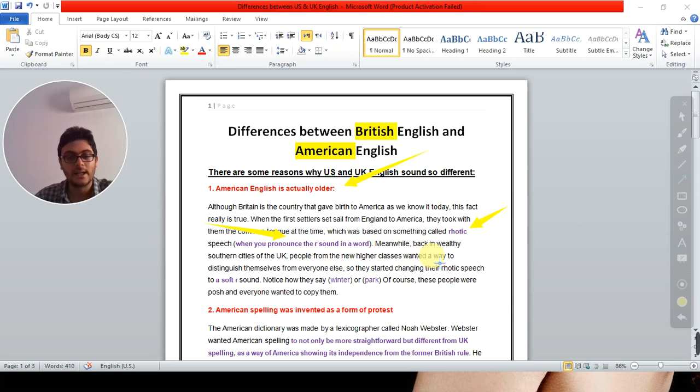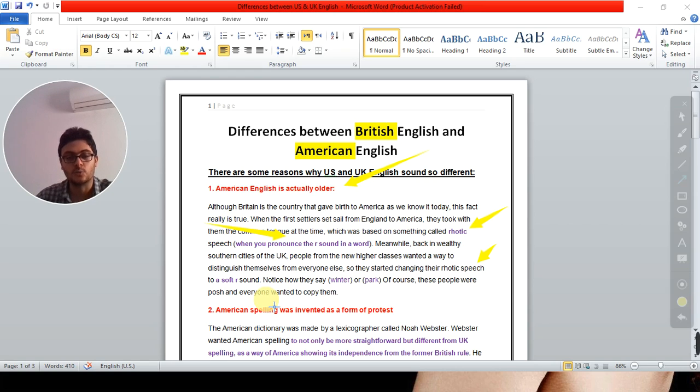Meanwhile, back in wealthy southern cities of the UK, people from the new higher classes wanted a way to distinguish themselves from everyone else. So they started changing the rhotic speech to a soft R sound. They started to pronounce words like winter as "winta" or park as "pahk".